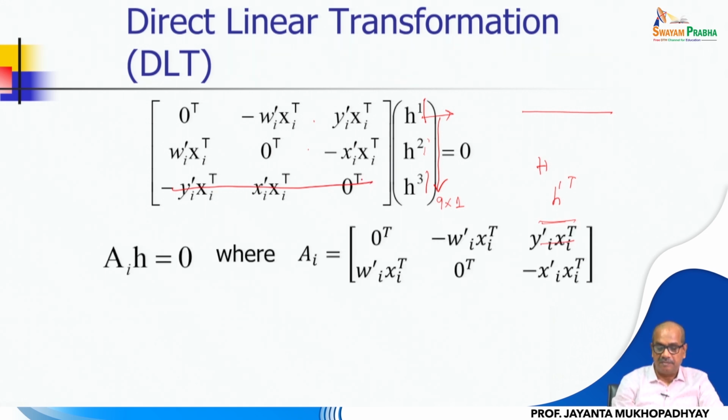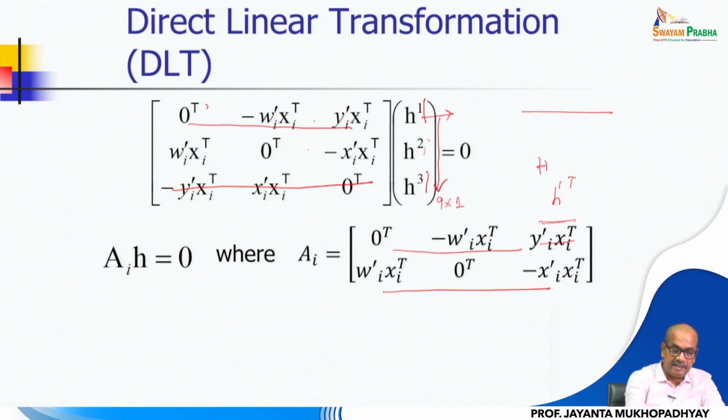So finally, what I will get is AiH, where Ai is formed from the first row and second row. Now each element here is actually a row vector of 3 cross 1. This is not a simple 0. You can check with those equation formations.